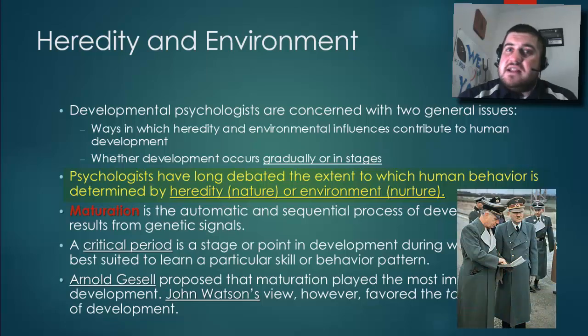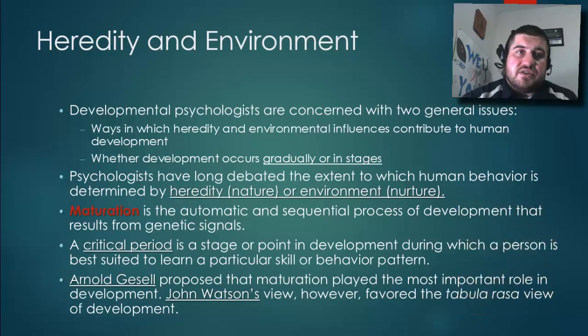So for example, was he born that way, or was he just developing that way? And the answer is it's probably a little bit of both. He had a certain predisposition to behave the way he did, and his environment brought those characteristics to the forefront. But now the main controversy in psychology is how much of which affects a person's development.